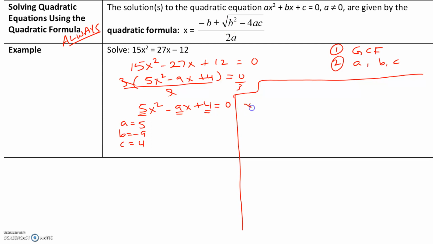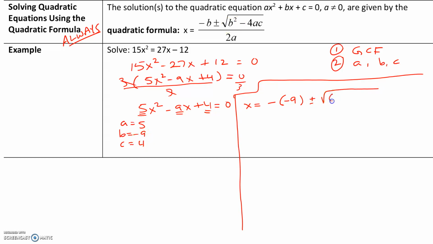So the solutions of x are going to be negative b. So we have negative. Every time you replace a variable with a number, always use parentheses. So b is negative 9, which means we get negative negative 9. We get a double negative, one from the formula, one because the actual b value is also negative. Then we have plus or minus the square root of b squared.